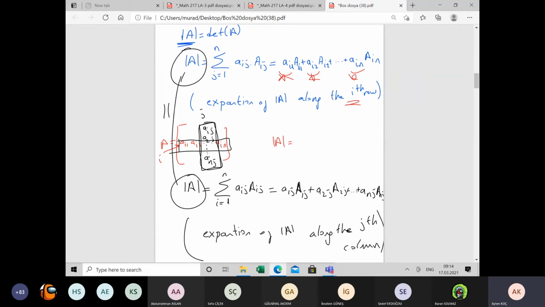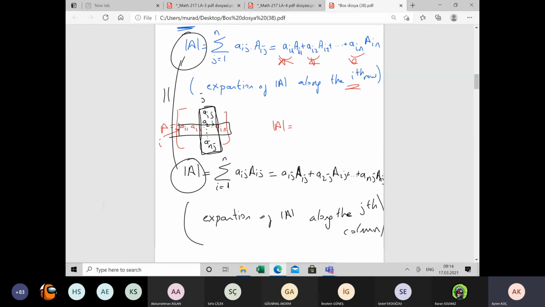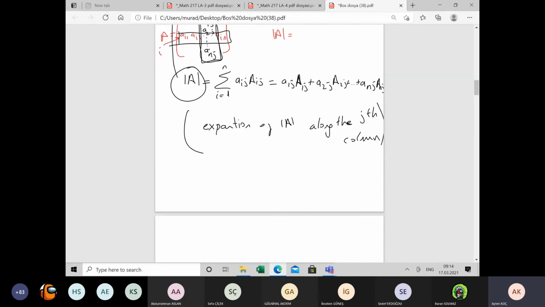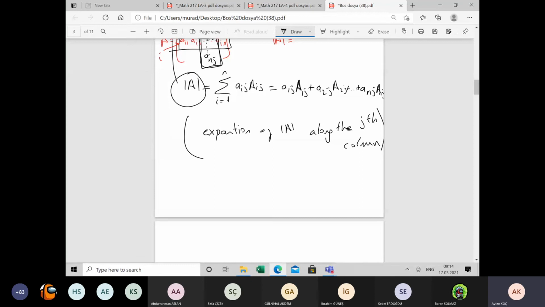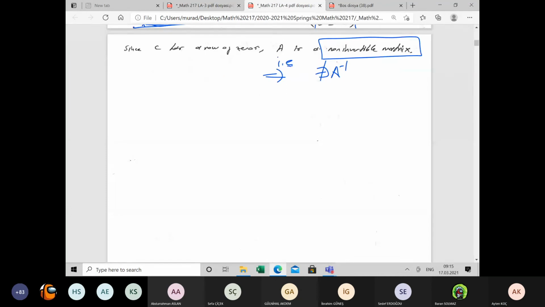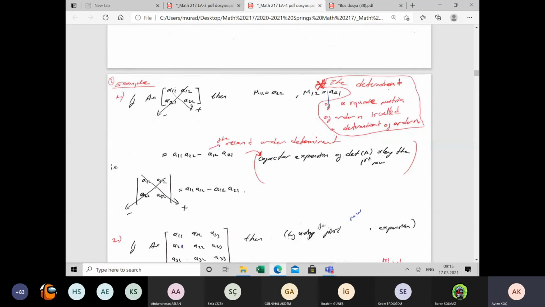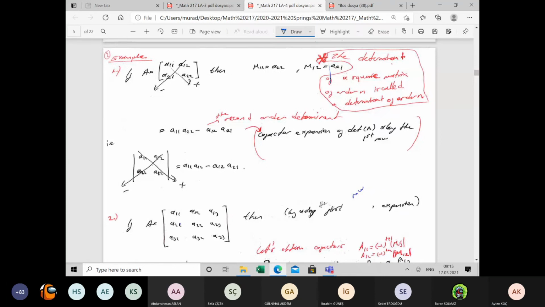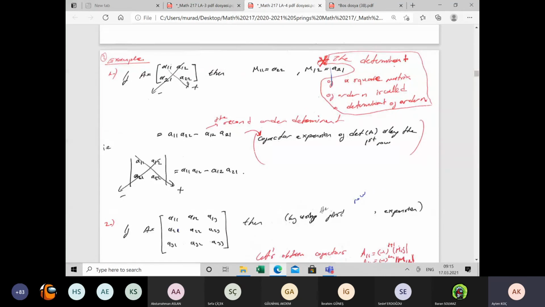So let's give an example to understand this definition. Let's come back here. Yes, let's give an example, a 2 by 2 matrix. And what is the determinant of a 2 by 2 matrix?